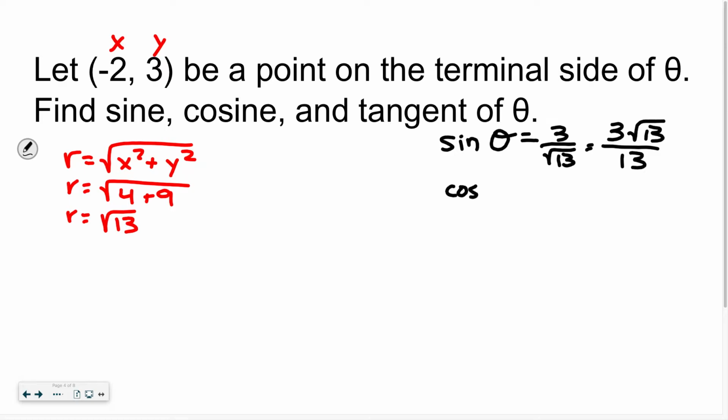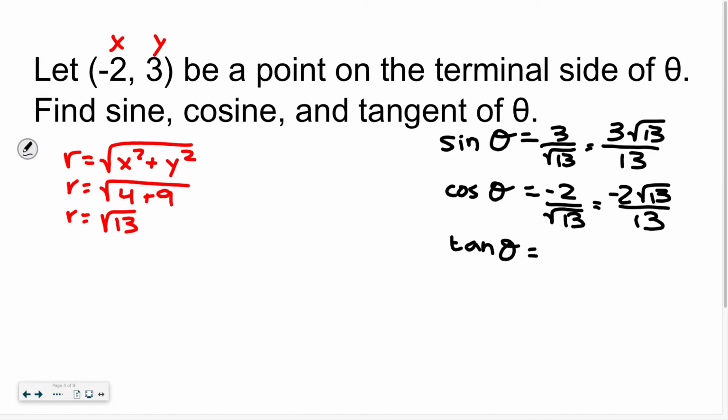The cosine of theta is x over r, so that's -2 over square root 13. Remember, r is always positive when you solve for it. And then the tangent, you could have done that one right away, is y over x, 3 over -2, so -3/2. That's one way to do it.